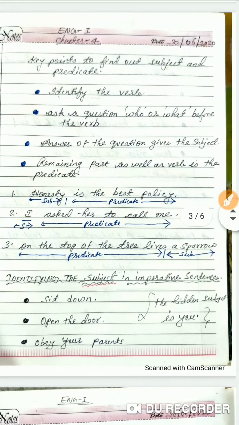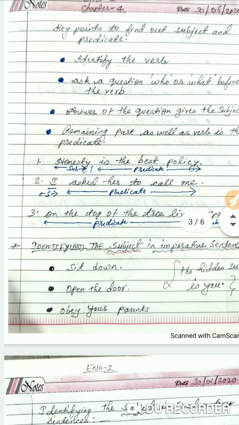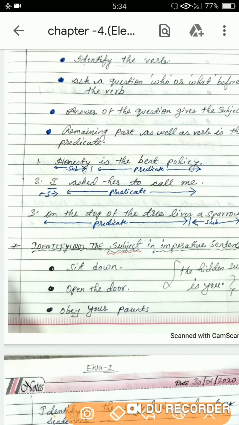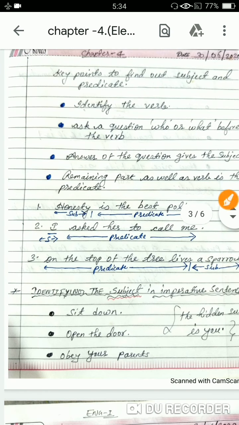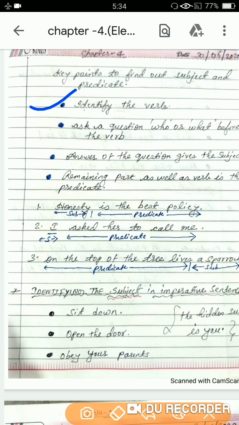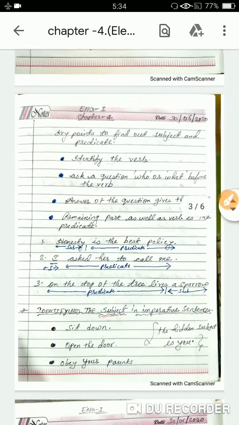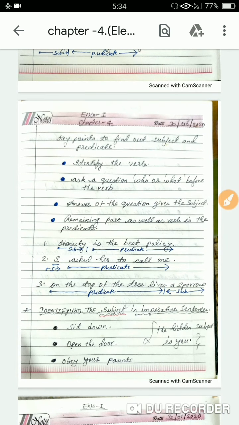So the key points to find out the subject and predicate in a sentence. First of all, we have to identify the verb in the sentence. Second, ask the question who or what before the verb.